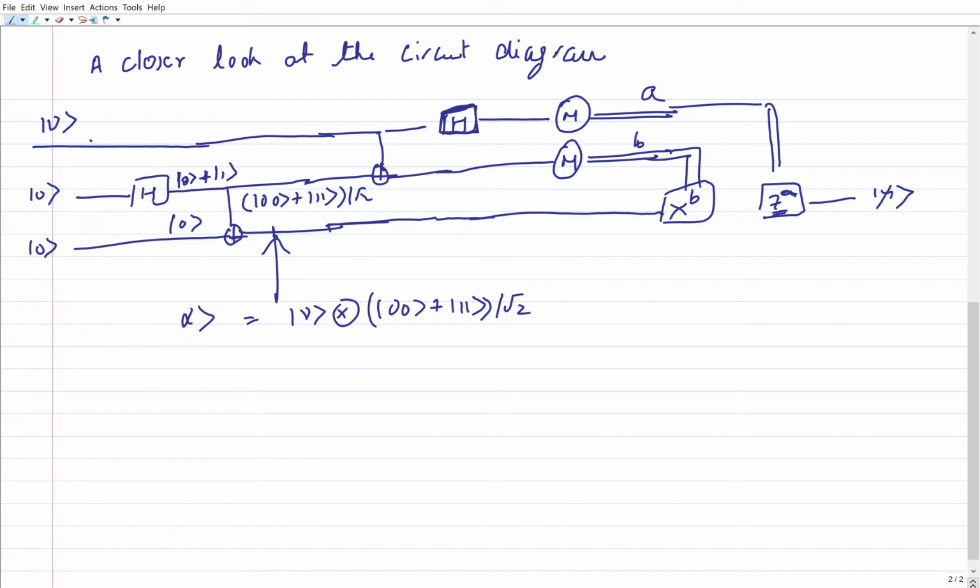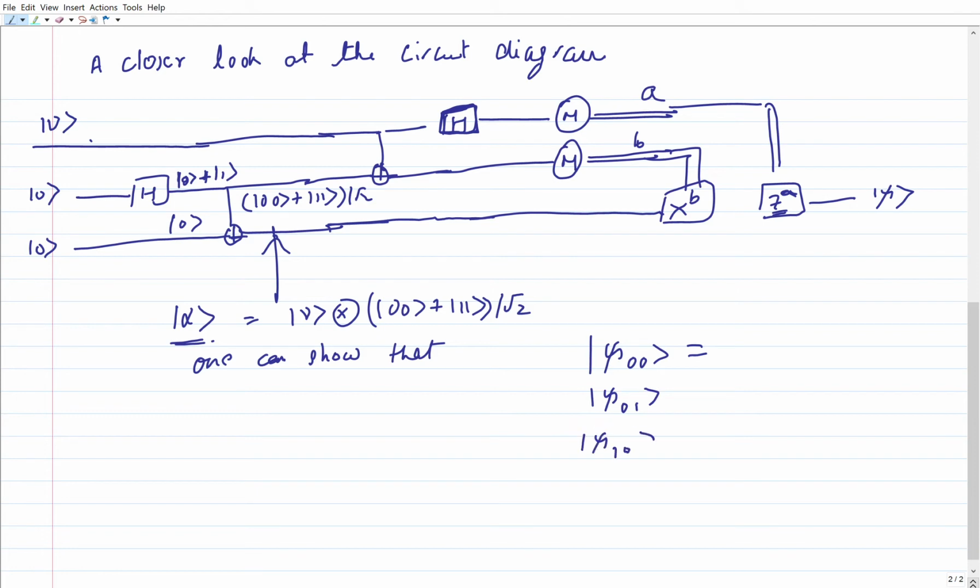So one can show that this state actually has hidden 4 Bell states inside it. So by Bell states, I mean the same terminology which we use for superdense coding.